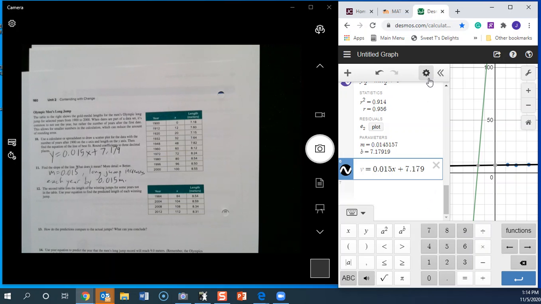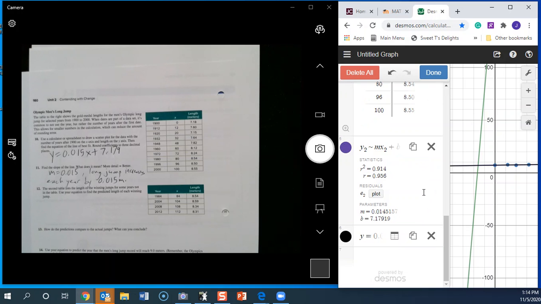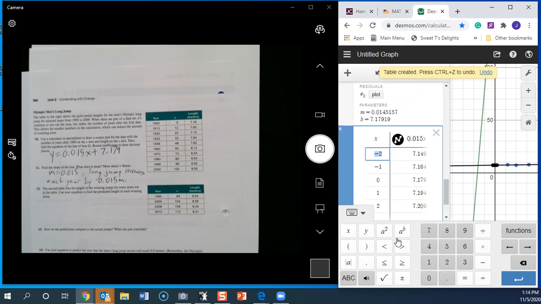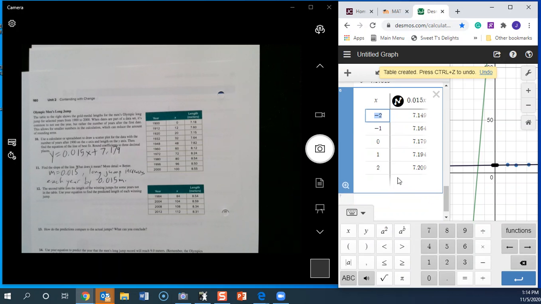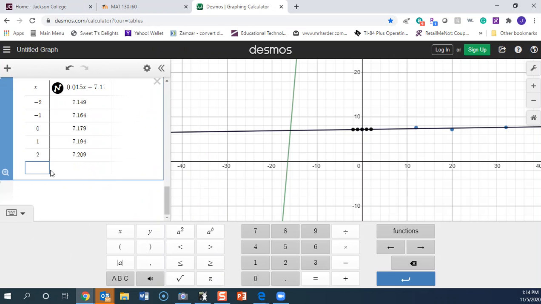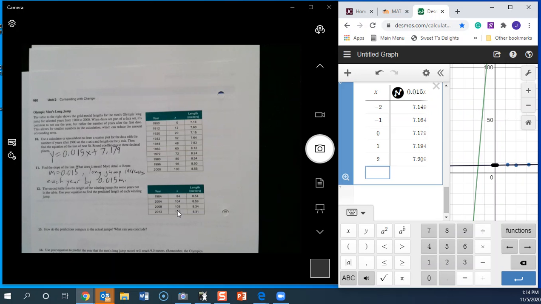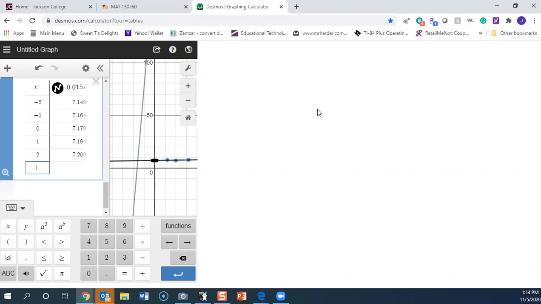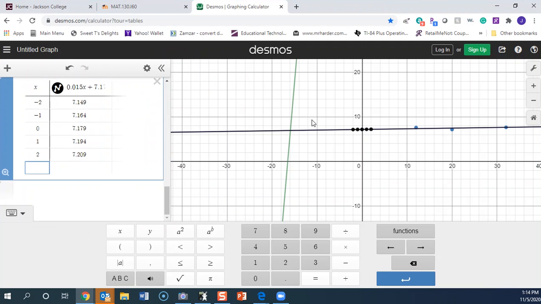So we can hit this wheel here. And what we could do, we could hit the table. And when you hit the table, you see that values are generated here. So all we have to do now, let me make this a little larger. Okay, all we have to do now is just type in the values that they're asking us for. Now on this page, these values are the X values. So let me type those in. We will have 84.